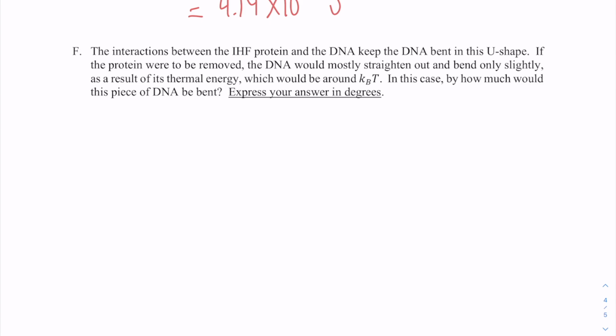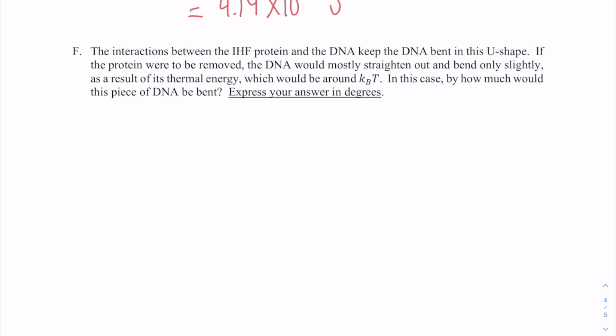This one kind of threw me for a loop when I looked at it for the first time. Here the key is that the DNA would mostly straighten out. So it's only bending slightly. It's not 100% straight, right?